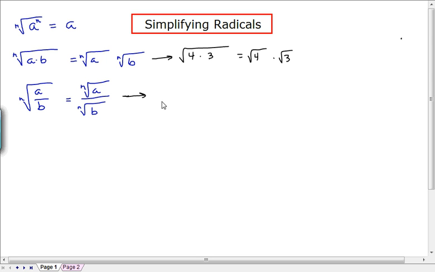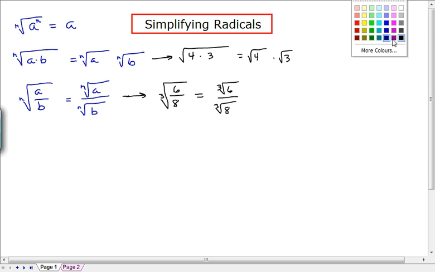Example here, let's look at the cubed root of 6 over 8. We could write that as the cubed root of 6 over the cubed root of 8. Now, neither of these radical expressions is simplified. They're just rewritten.